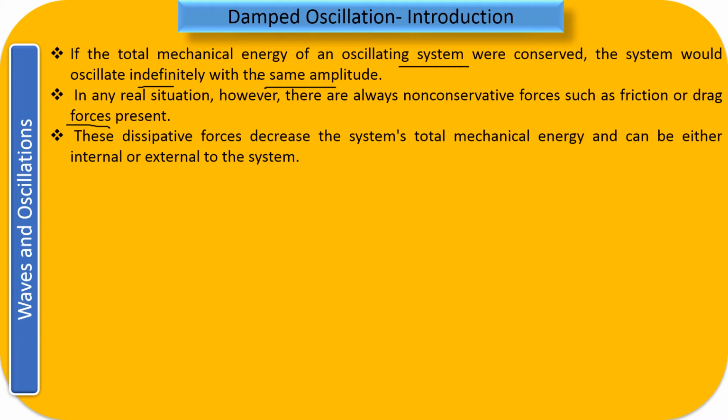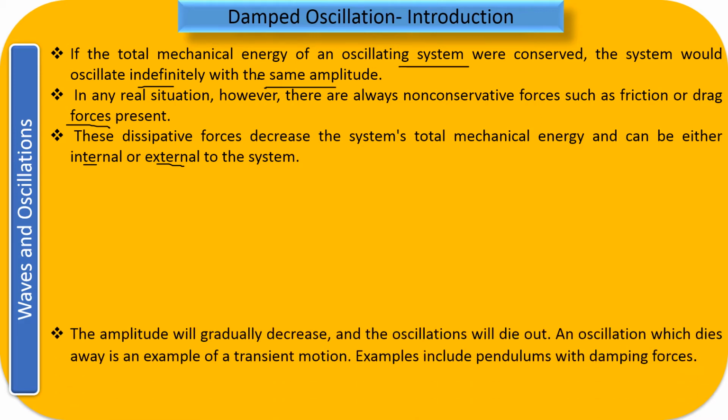These dissipative forces decrease the system's total mechanical energy and can be either internal or external to the system. So the force which is capable of decreasing your amplitude can be both internal or external.